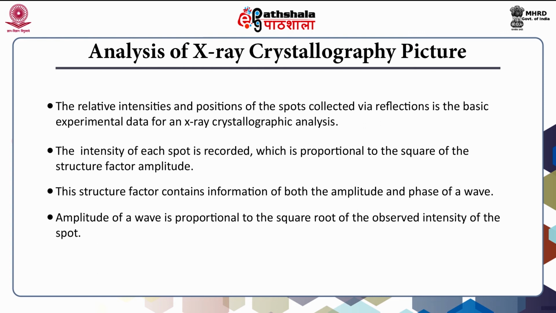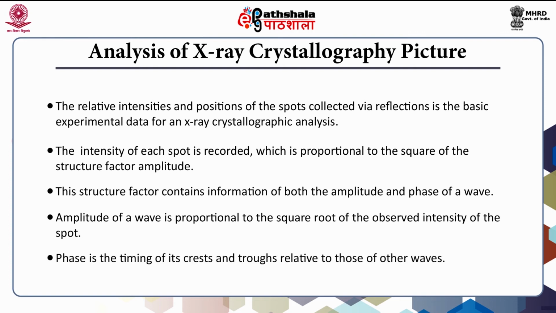The second thing we need is that each wave also has a phase. We discussed phase in the previous slide: when the crests of the waves from several atoms match together, they are in phase, and if crests and troughs cancel each other, they are not in phase. That also can be calculated here.